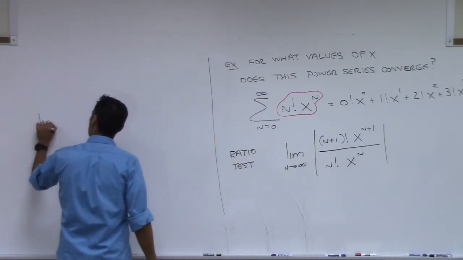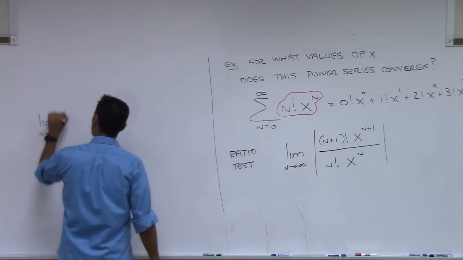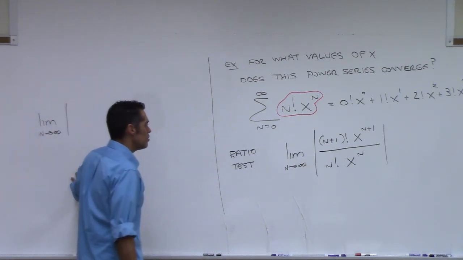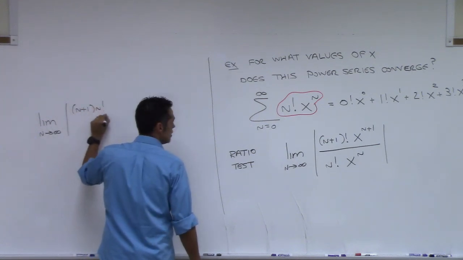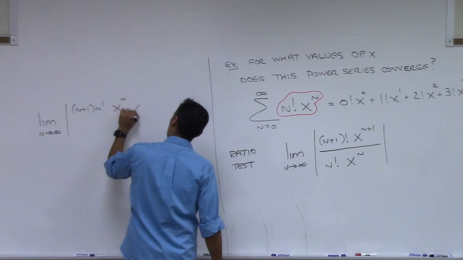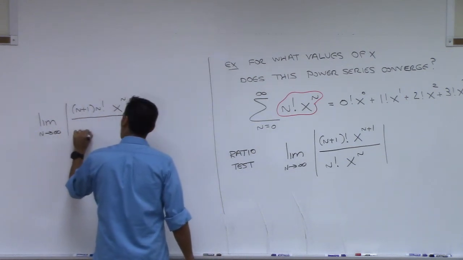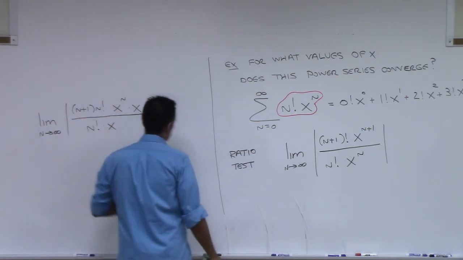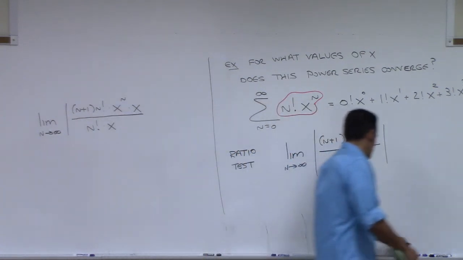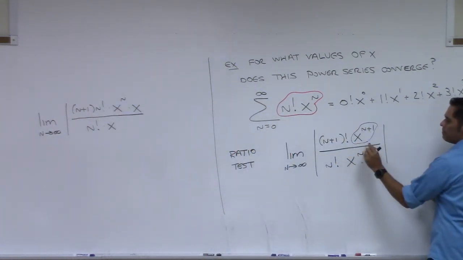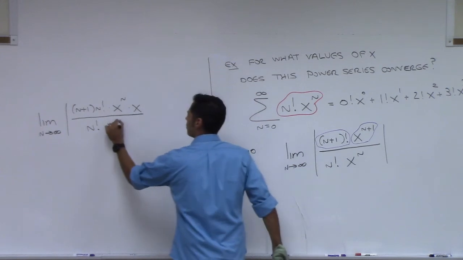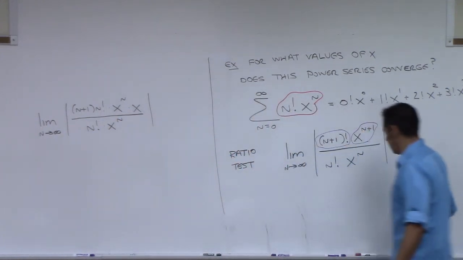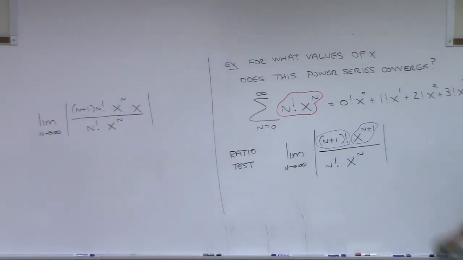Limit. We're going to do some factorial cleanup here, right? We've got n plus 1 times n factorial, x to the n times x, over n factorial times x to the n. So I split this guy up, and I split that one up, right? I forgot the absolute value bars. Does that make sense?